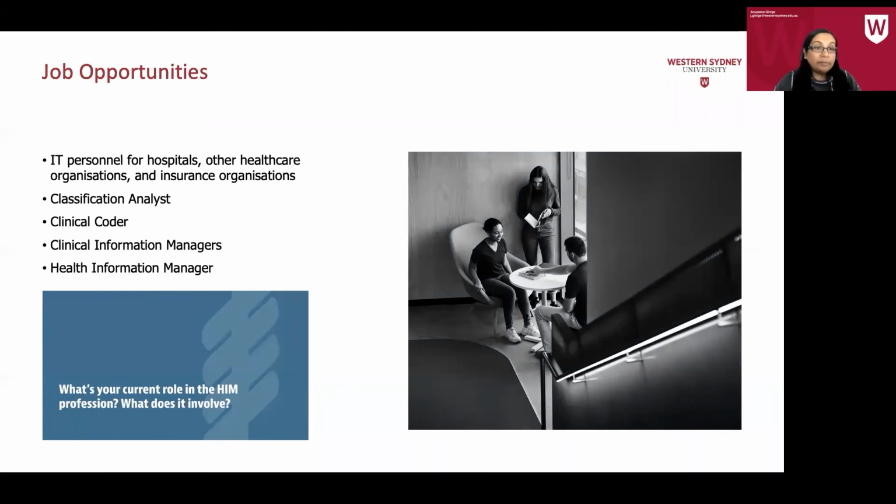This even applies to clinical information managers and health information managers. These are people who are actually managing healthcare centers and hospitals. These are not managed by doctors and nurses. They are managed by specially trained people who go through these kinds of degrees.